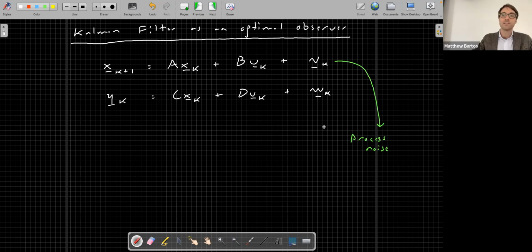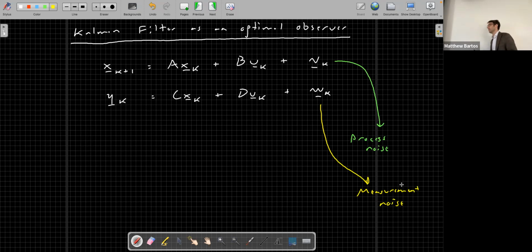And similarly, w_k is a vector of measurement noise. So if you have a system like maybe a vehicle that's traveling, you may not know its position exactly. You may not know its velocity exactly.